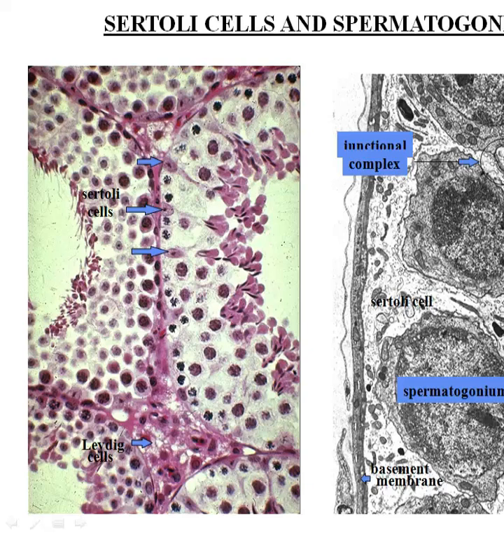They have a large spherical nucleus that contains a rim of heterochromatin, which helps to identify them during staining. So in this electron micrograph, you can see spermatogonia and a Sertoli cell. Okay. So this whitish colored portion is the Sertoli cell cytoplasm, and this dark colored portion is the spermatogonia.